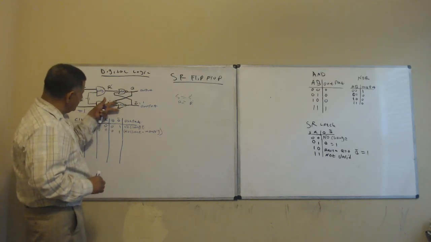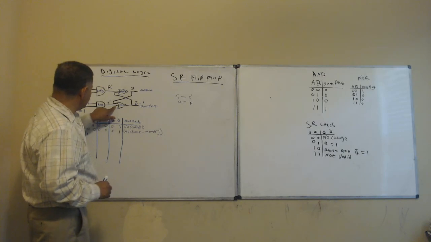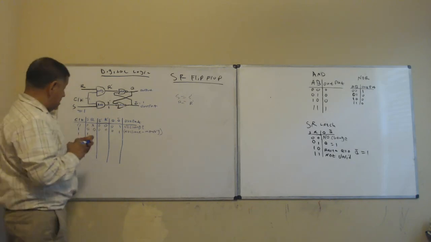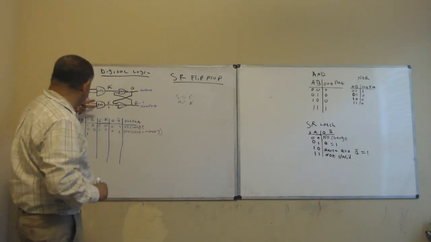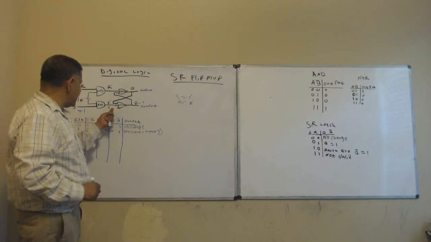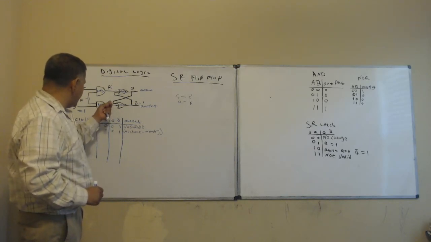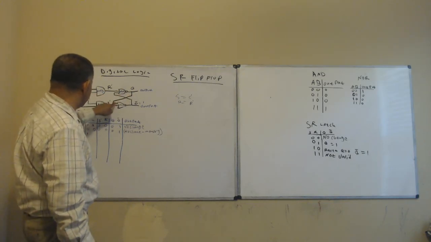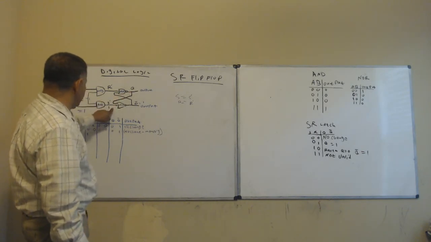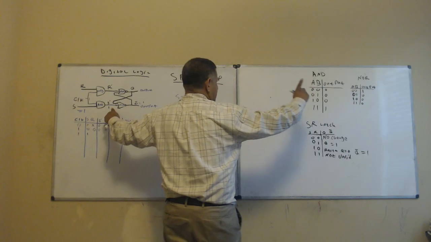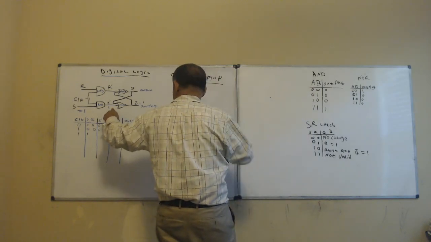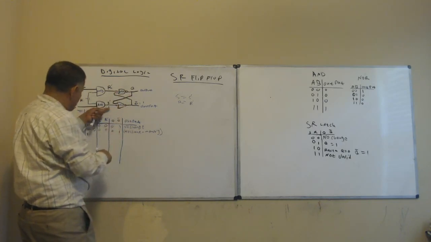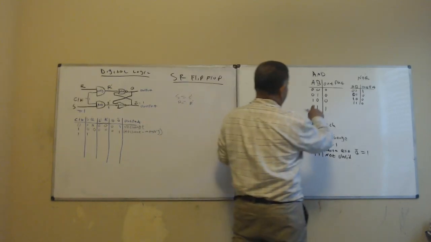This one is coming in over here, so we have a 1 here, and it gets to the SR latch. But technically, previously we had a 0 here. There was a 0 coming in, and then we have a 1.